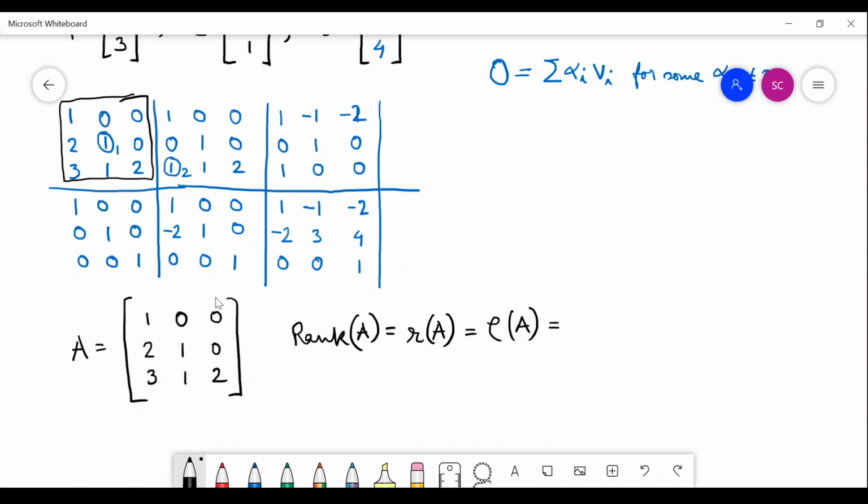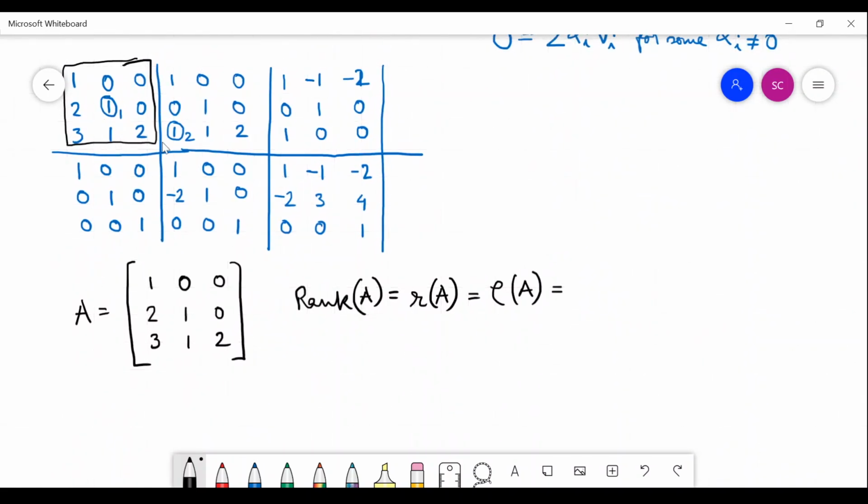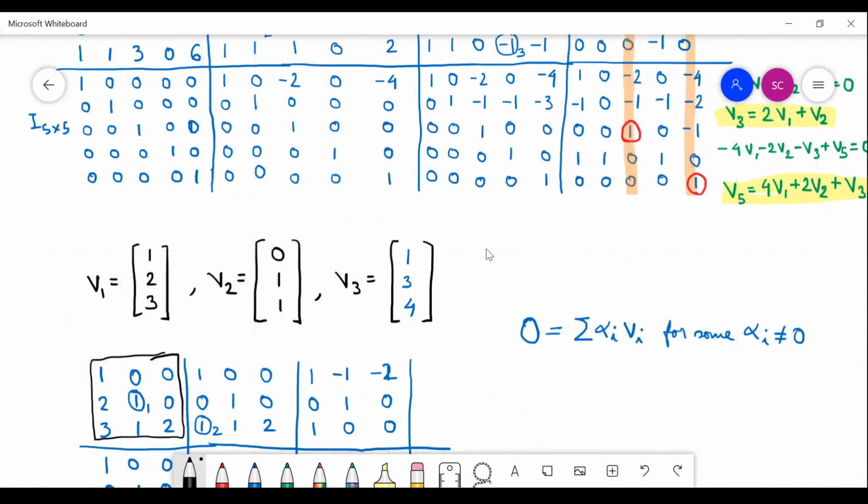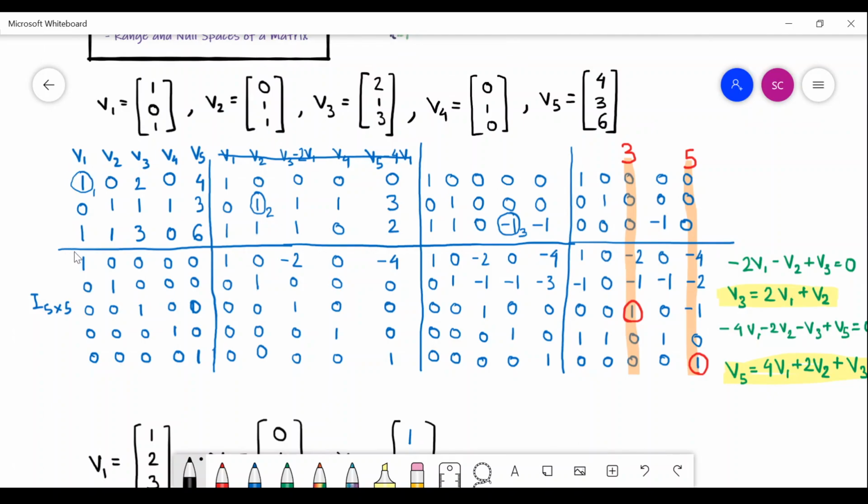And with the knowledge of checking independence of vectors coming from a certain vector space, you can apply that same operation to check whether these columns are independent or not. In this particular case, we have already checked it. So what is the number of independent columns? 3. That is the rank of the matrix. If your matrix was this one, then your rank would be 3. There are 3 independent columns.